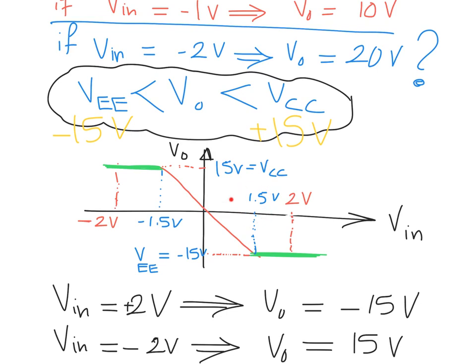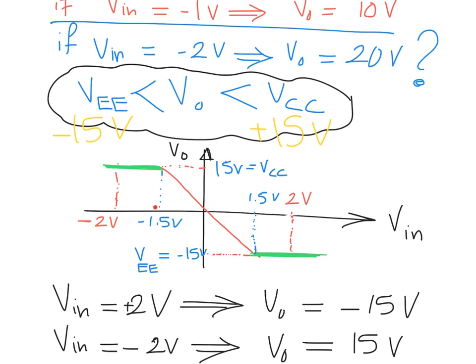For more than 1.5, something like the 2 volt we mentioned earlier, 2 volt multiplied by minus 10 will be minus 20. But actually, nothing will be more than this VEE, so it will just stop here at minus 15. So if you have any input voltage more than 1.5 volt, all the output voltage will be minus 15 volt.